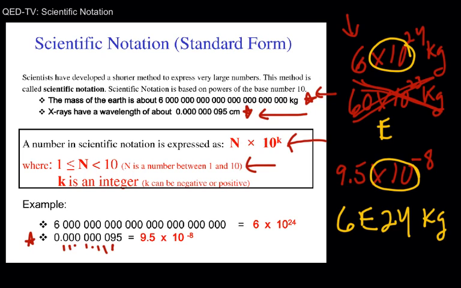And the length of an X-ray we could write 9.5E-8 centimeters. Instead of times 10 in an E-lab, which is kind of hard to write, we're going to write a capital E. So you just need to realize that's what that means: 6 times 10 to the 24th power. Okay, let's do a couple problems here.